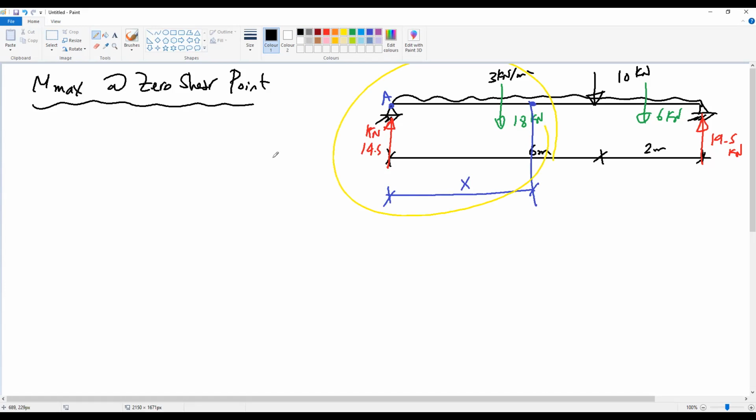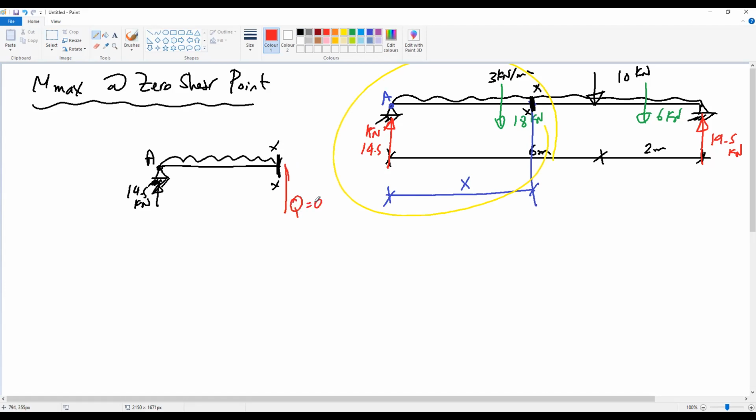So we have point A, the reaction 14.5 kilonewton, and some uniform load here. Let's say this is section XX. At section XX, we assume that the shear value is equal to 0.